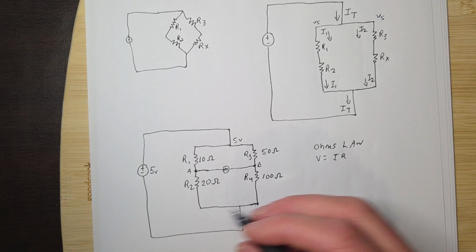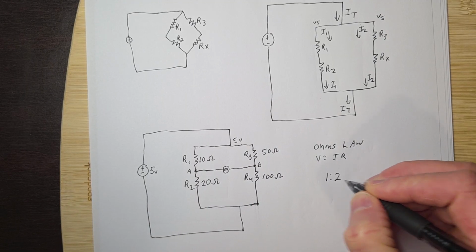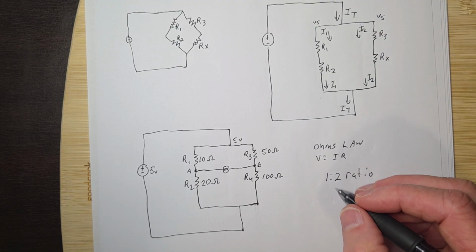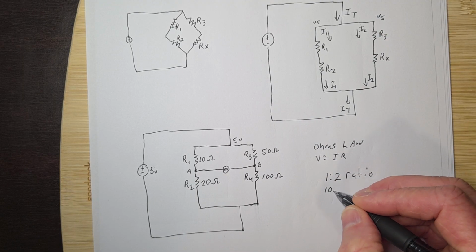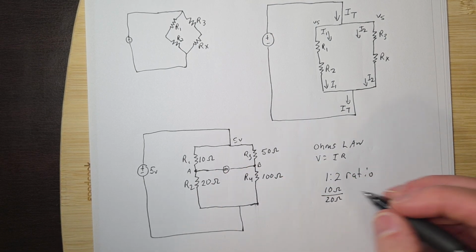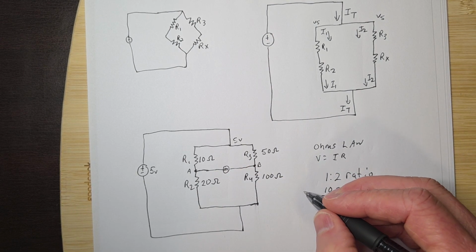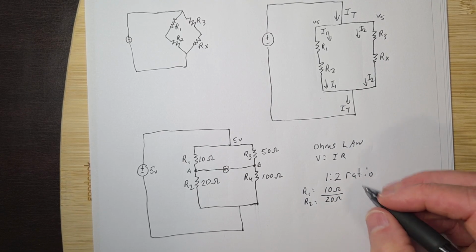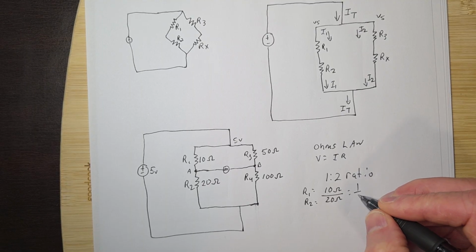So since the circuit's a 1 to 2 ratio, and we got that from right here, in other words, R1 was equal to that, R2 was equal to that, and so that equals 1 over 2.